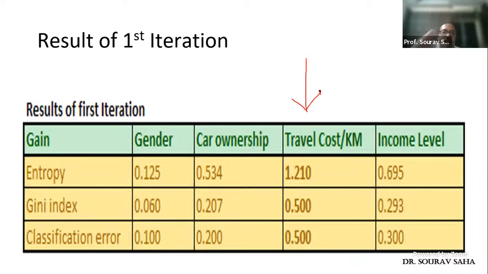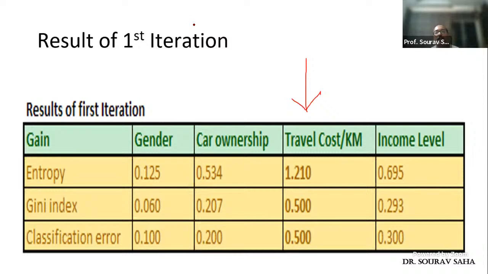That's why travel cost is the first variable for splitting, right? Only Kavita had given me the correct answer. Everyone got the idea why it is travel cost: it has resulted in the maximum reduction in the impurity.